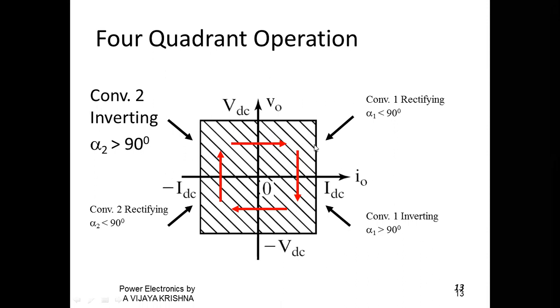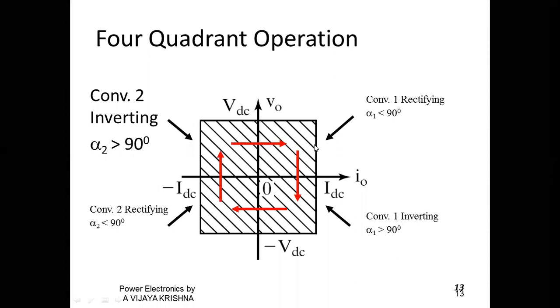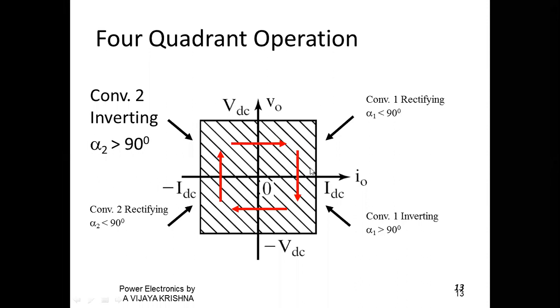If you operate any motor, that motor requires a DC supply voltage. So this is called the first quadrant. I naught is positive and V naught is also positive. Output current and output voltage are positive in this quadrant, the first quadrant.